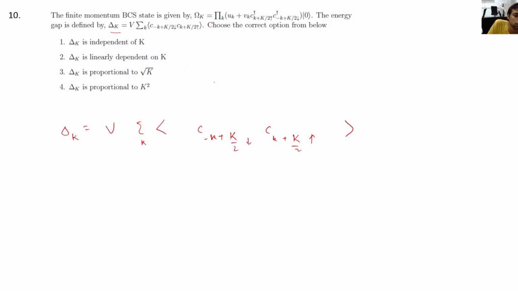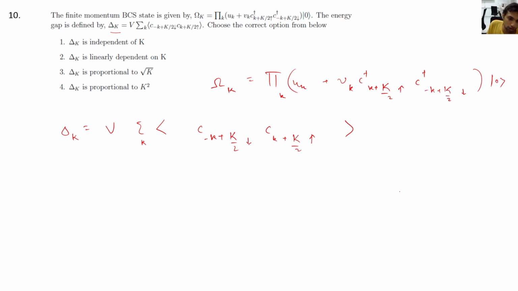The state given is omega k, which is nothing but this, uk plus vk c dagger k plus capital K by 2 up c dagger minus k plus capital K by 2 down, and this operating on the zero state.